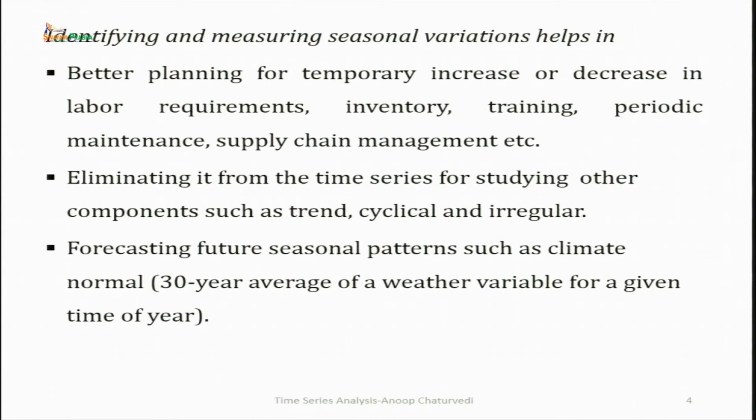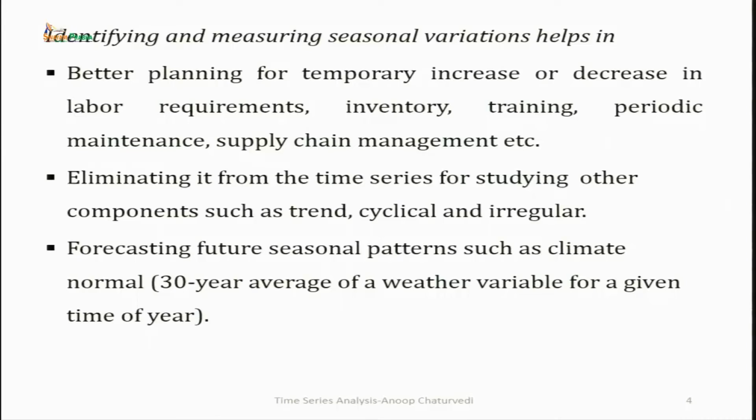Then forecasting future seasonal patterns such as climate normals. Climate normal is actually a 30-year average of a weather variable for a given time of year. So, for any particular year you calculate the past 30 years average of a weather variable.